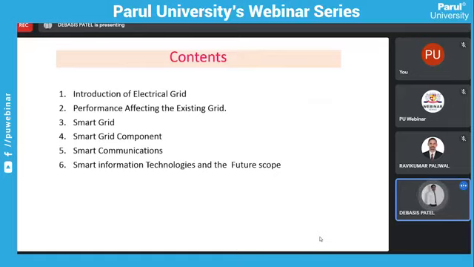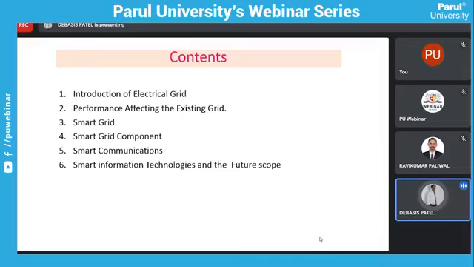Coming to the contents, first we are going to cover what our existing electrical grid is and what its drawbacks are, so that we go for the smart grid. We will then see the main factors affecting our existing grid, which motivate us to switch to smart grid.